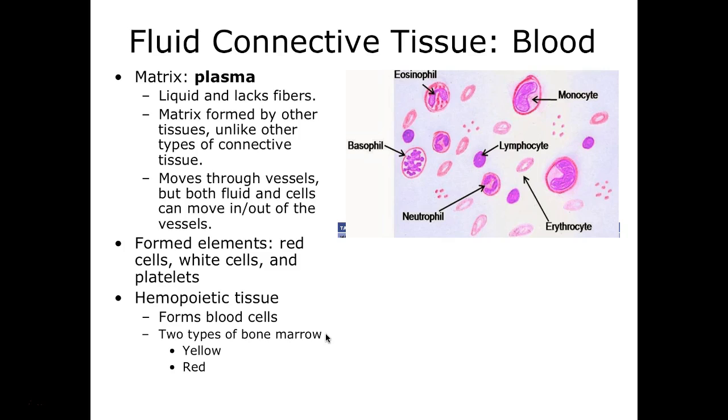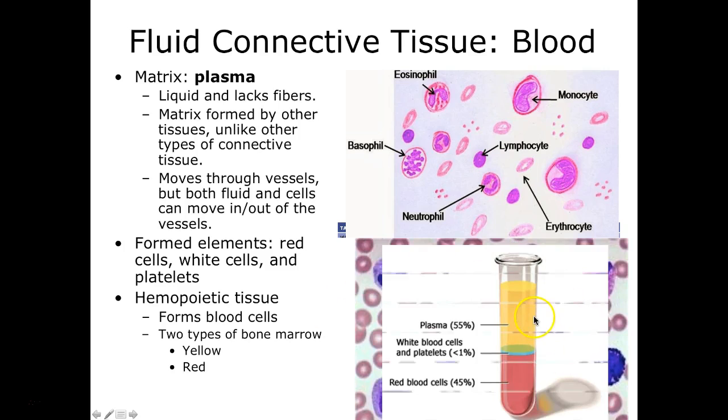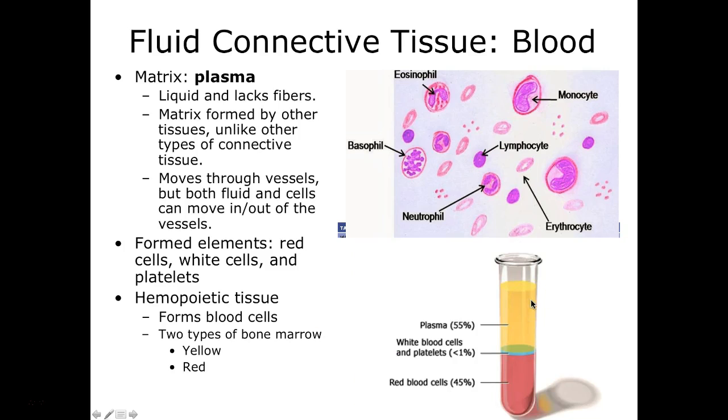All right, our last connective tissue type is going to be blood. And blood is made up of a couple different components. If we break down the components of blood, we have plasma, which serves as about 55%. This is mostly made up of water, and we have some ions in there and some other things.